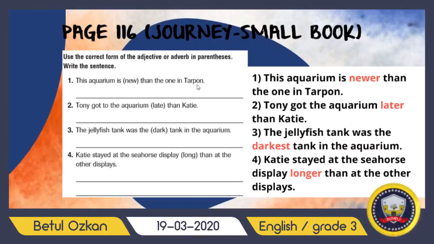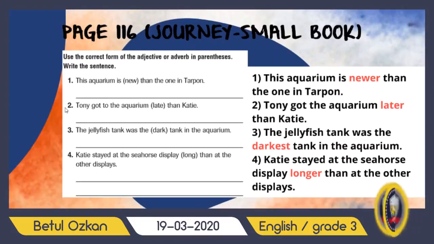So I compare 2 aquariums. In this sentence, I need to put -er at the end of my adjective. So it will be, this aquarium is newer than the one in Tarpon. Good job.